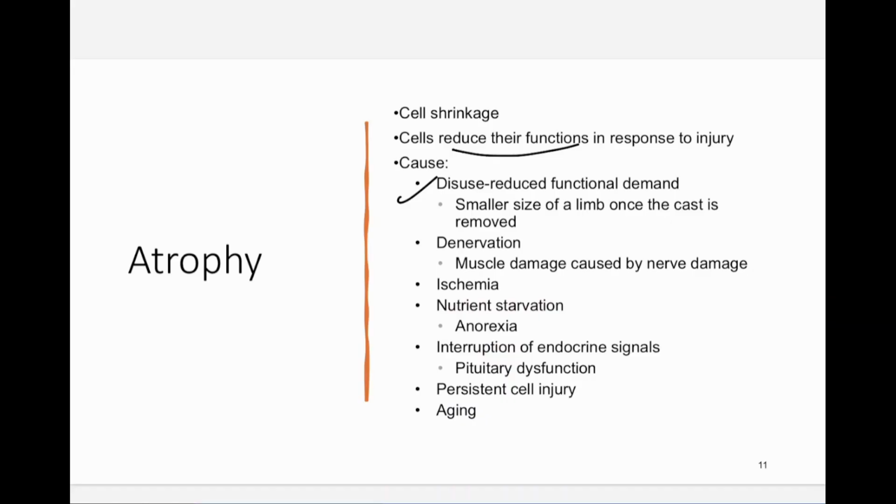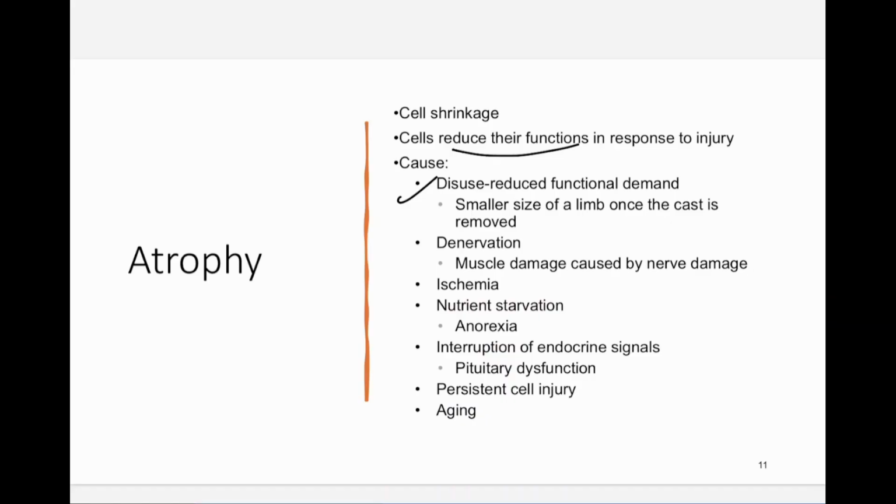Denervation. Okay, remember, every single muscle needs a nerve attached to it, or the muscle's not going to work. When we learn about ALS, amyotrophic lateral sclerosis later on, ALS is a muscle nerve denervation. The nerve comes off the muscle, so the nerve doesn't touch the muscle anymore, the muscle can't contract, muscle gets smaller.